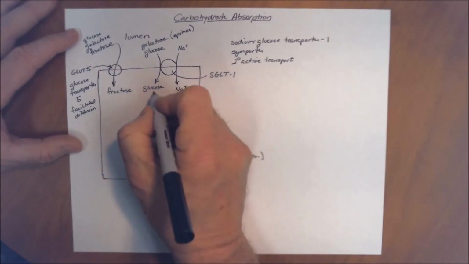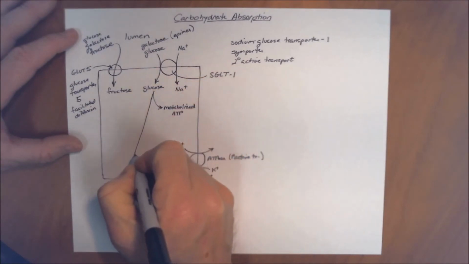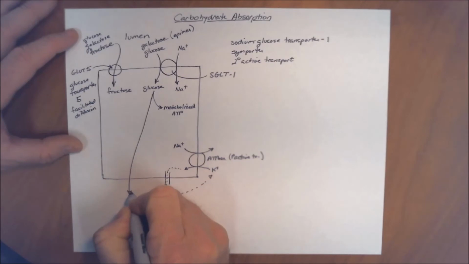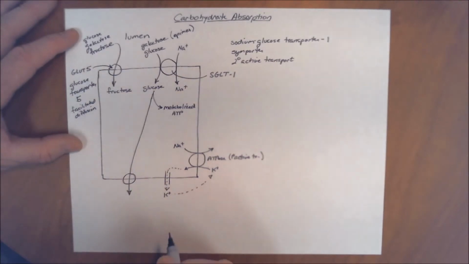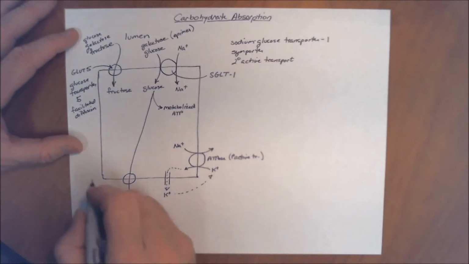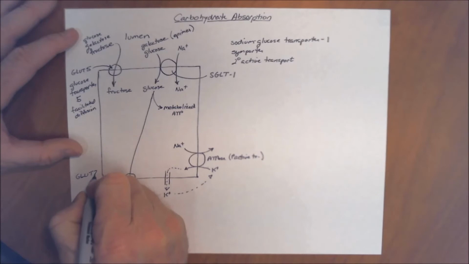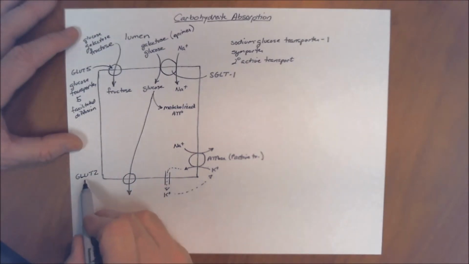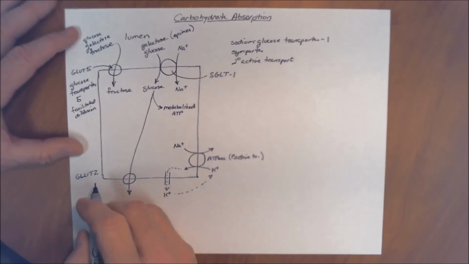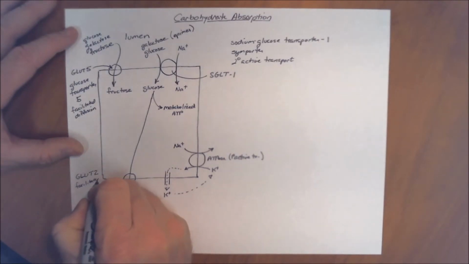But the bulk of the glucose that enters the cell is going to exit the cell by another transporter. This transporter is called GLUT2 in the intestinal cell. It stands for glucose transporter type 2. This operates also by facilitated diffusion.